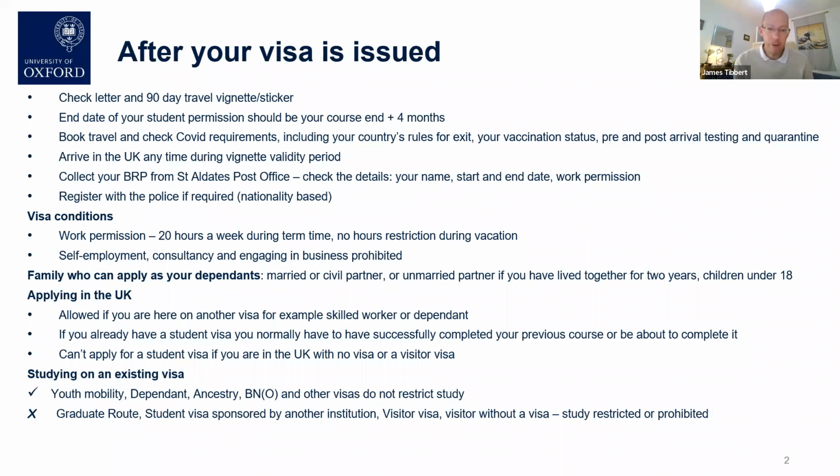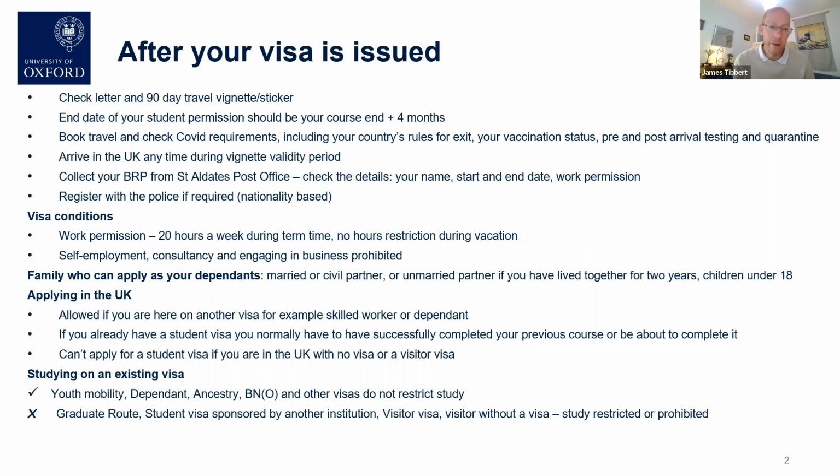Some other examples. So sometimes we have students on other visa types, which will allow them to study. Youth mobility is a sort of working holiday type visa, only for certain countries and for people under 30. You might come with a spouse or partner. You could come on a dependent visa. The advantage of the dependent visa is it lets you work full time, so there's a bit more flexibility there.